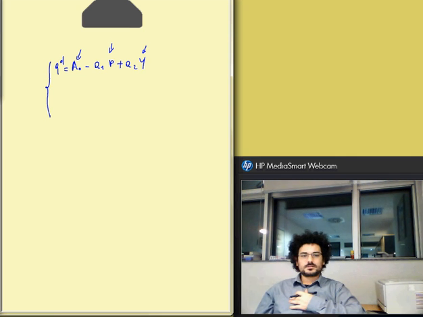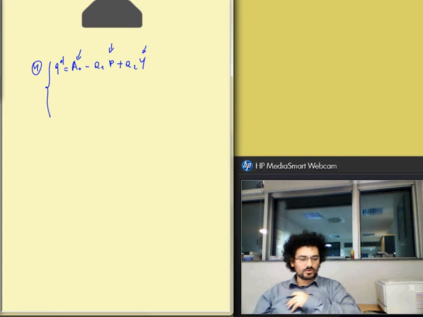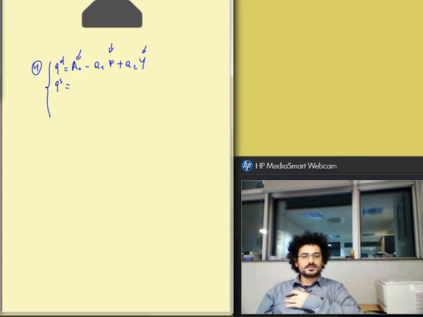So for instance, wealth, interest rate, tastes, and so on and so forth. So this is our first equation of our model.